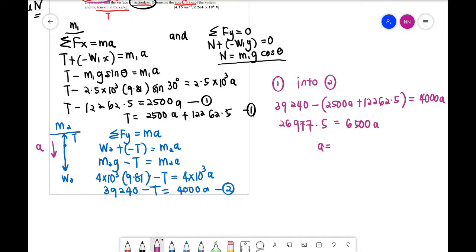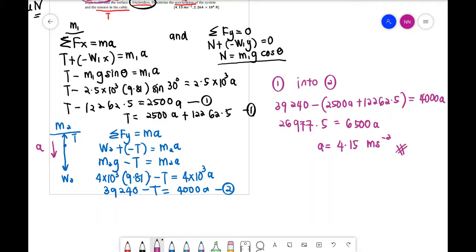So A equals 26977.5 divided by 6500, which is 4.15. So the acceleration equals 4.15 meters per second squared.